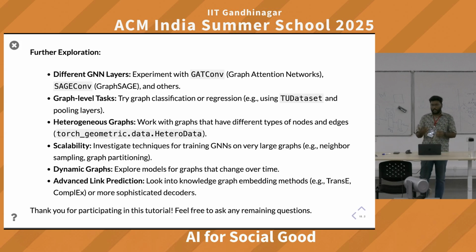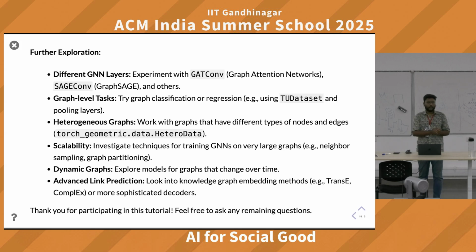So there are some scalability approaches. For scalability, you can take sampling, or you can do graph partitioning and work on partitions. Then there are other problems on graphs such as dynamic graphs, where the graph structure is changing with time.